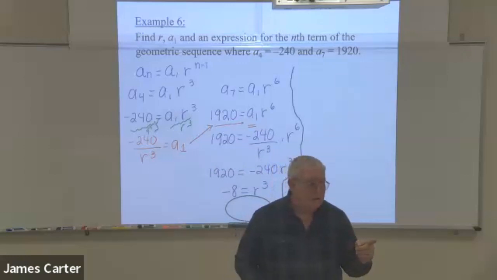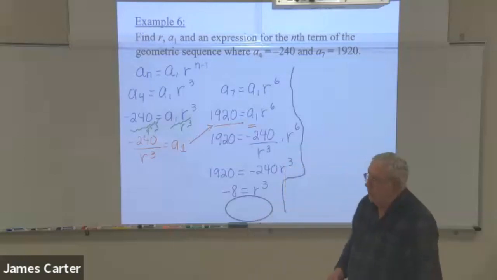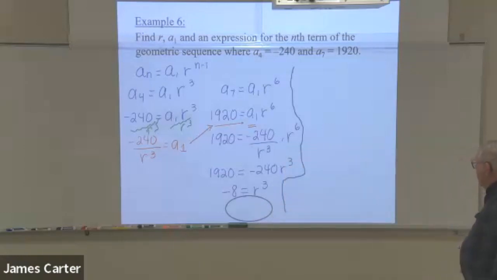Okay? Because the cube root of 8 is 2. Likewise with the negative, since it's an odd root. Now, based on that, here is our common ratio. So have we found everything we need to do? Well, kind of. We haven't really got a number for the first term yet. So we need to actually get a number.